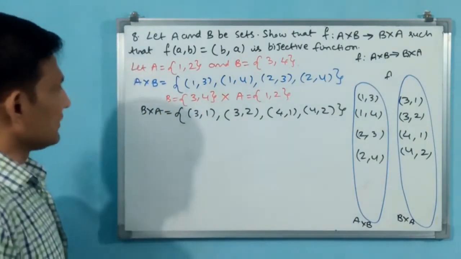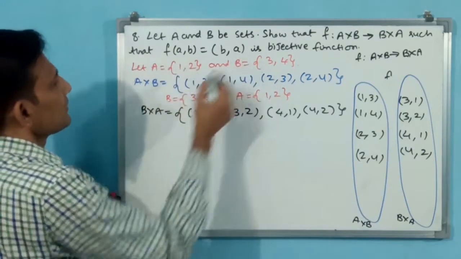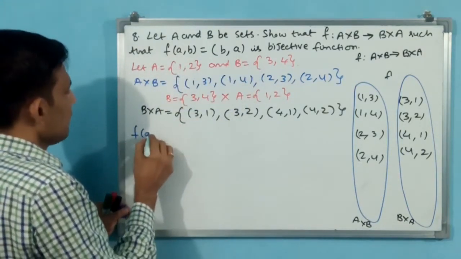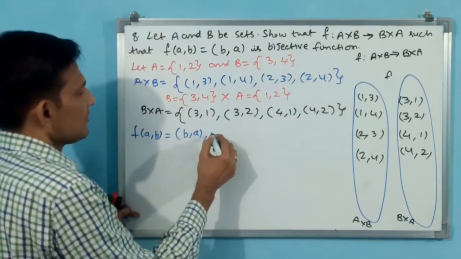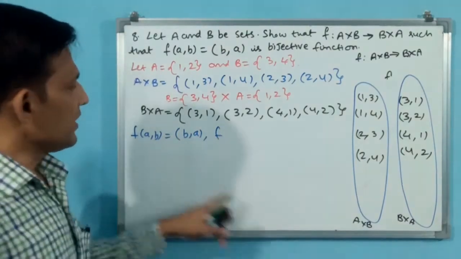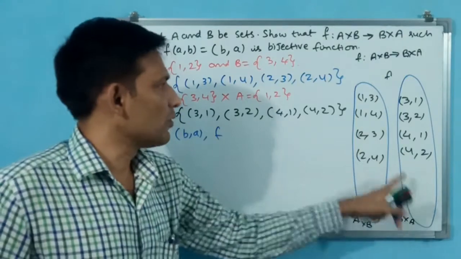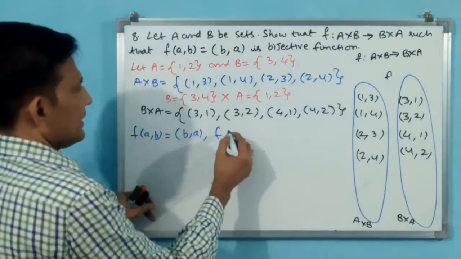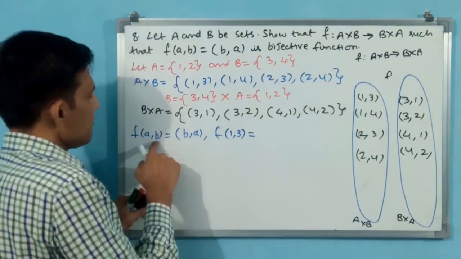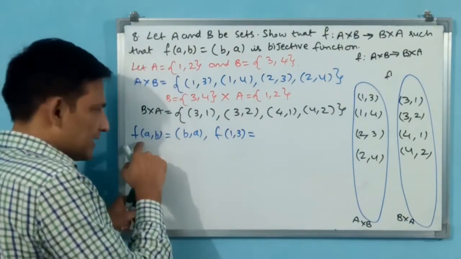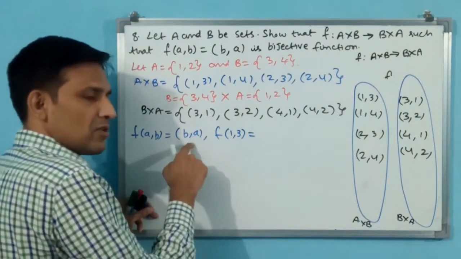Now see how the function depends on the function, the relation will come. Let us go for the function. This is the function. f of (a, b) is equal to (b, a). See, f of (a, b) means A cross B. This is input and output. f of (1, 3) is equal to, see here a and b are reversed, the function made it like that. If you give (a, b), then (b, a) comes out.